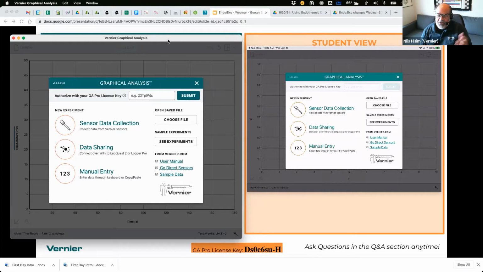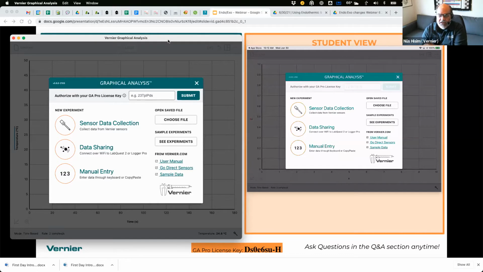Depends on what you measure and how you measure, but it's a site license for your school. So you don't pay by seat, you pay by how many students you anticipate will be using the software. If you have less than 100 students, then you pay a certain price. If it's more than 100 students, you pay a different price, but it's for your whole school. So it's not individual seats or anything like that.